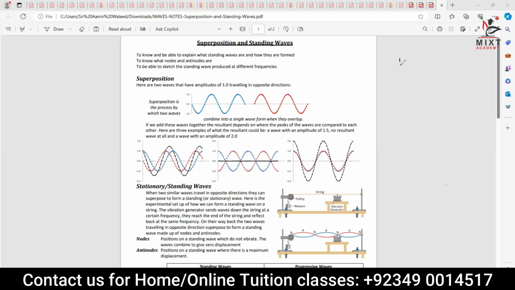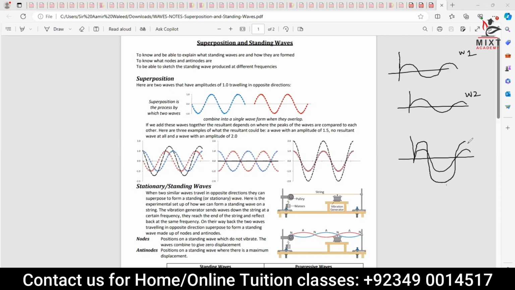Let's suppose you have these two waves. This is wave 1, and there is another wave, wave 2. There are two positions in which these waves can superimpose or superpose on each other. One is where one wave crest falls on the other wave crest, and trough falls on the other wave trough.